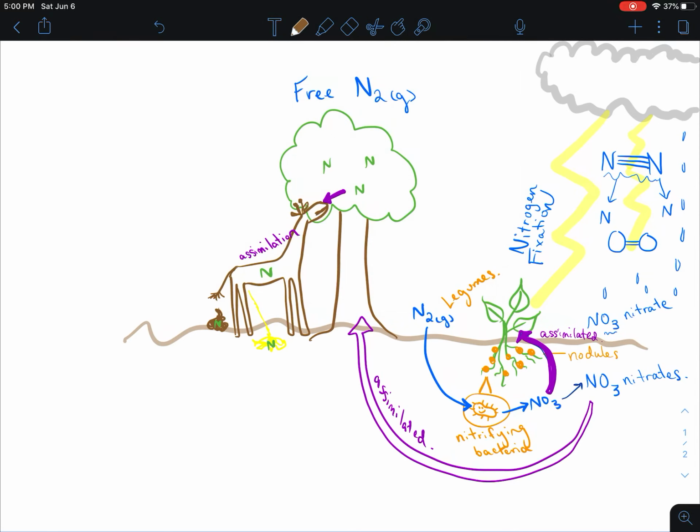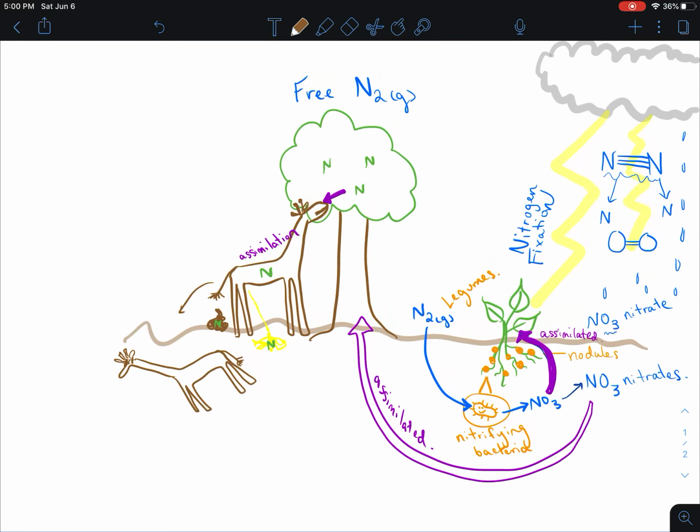Eventually, if this giraffe doesn't get eaten by something, he's going to pass away. And so if we have a dead organism here, that eventually can decompose as well and return nitrogen to the soil. Okay, so no waste here in this process. Everything's getting recycled.